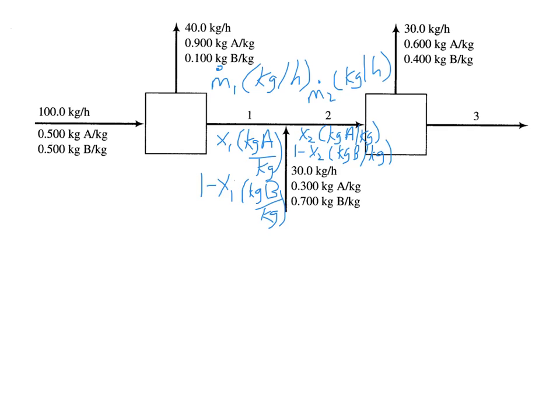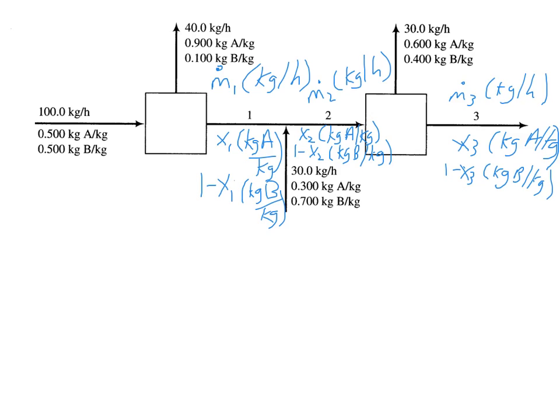And then finally over here I have M3, that's kilograms per hour, and X3, kilograms A per kilogram, and 1 minus X3, that's kilograms B per kilogram.